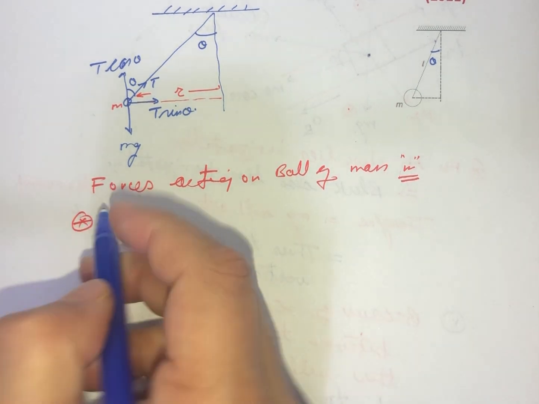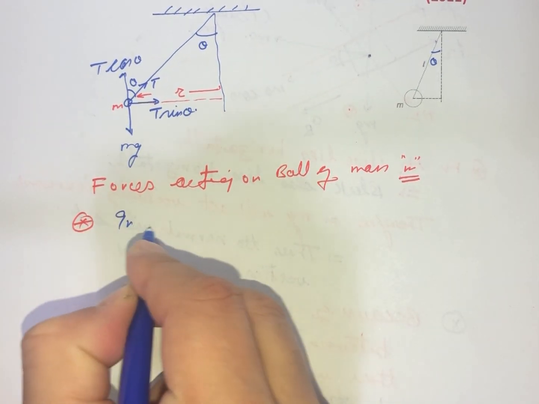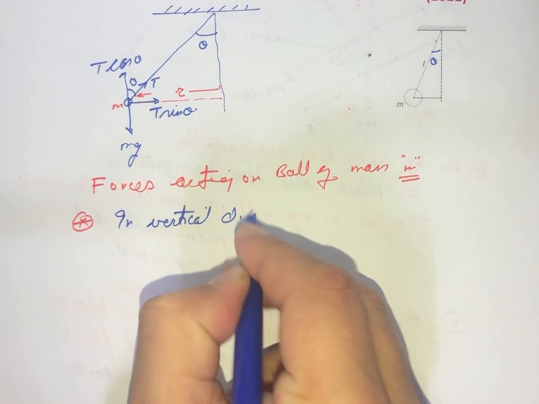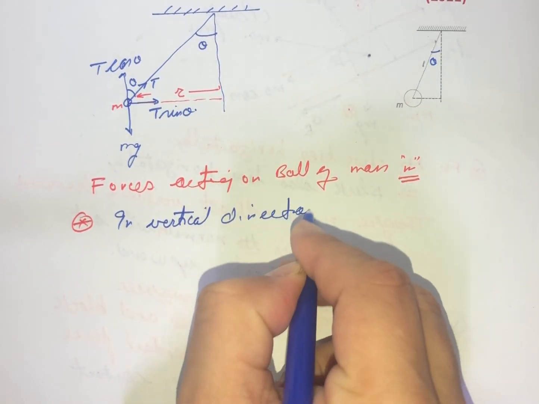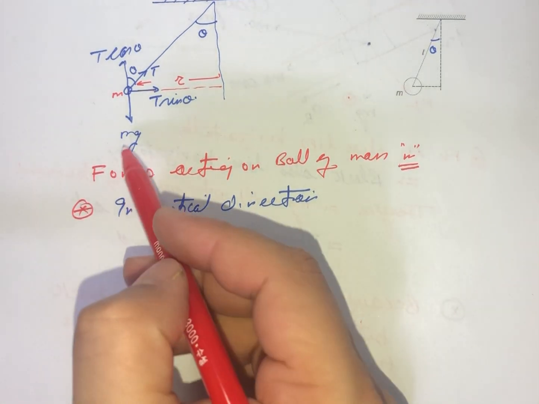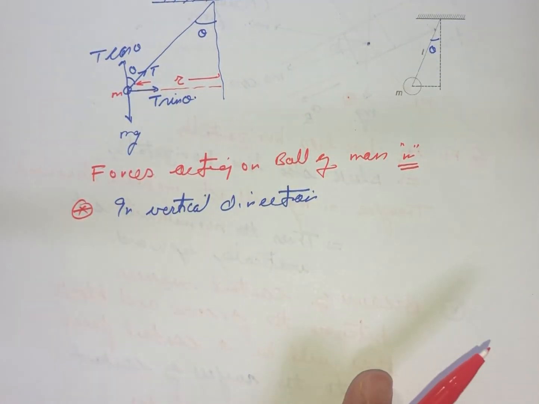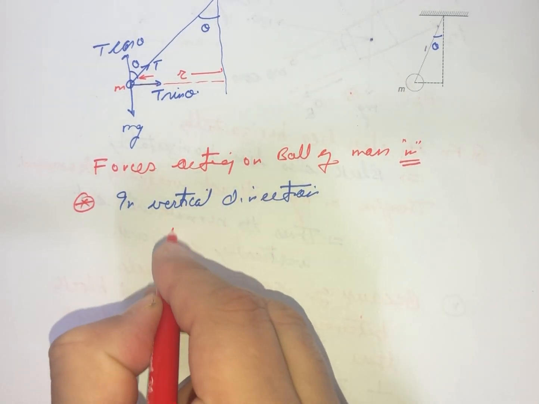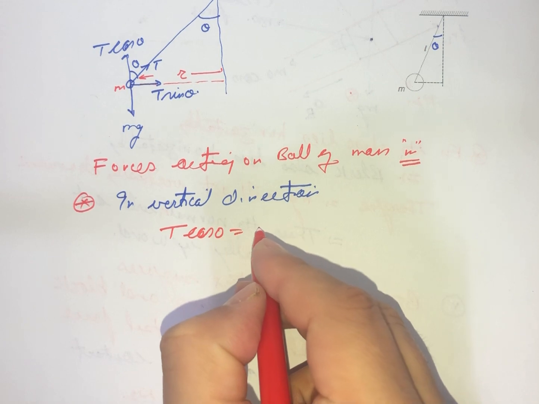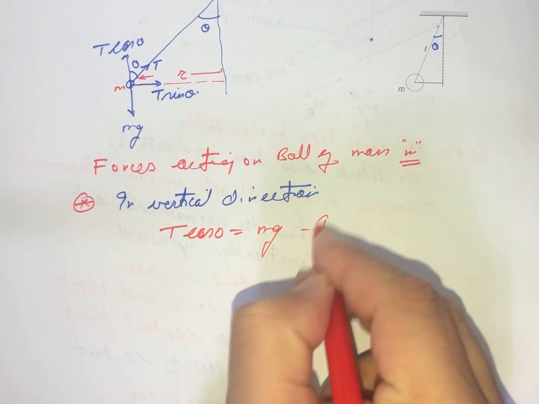First is in the vertical direction. So in the vertical direction, we have two forces, mg in the downward direction and upward is T cos theta. So T cos theta is equal to mg. That is called equation number 1.